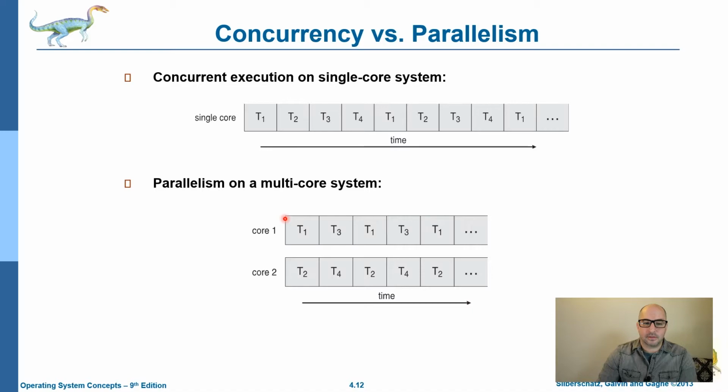Conversely, in a parallel system, thread 1 and thread 2 can execute on distinct cores and progress simultaneously. So they are executing in parallel, though not concurrently. Similarly, task 3 and task 4 are executing parallelly. So a parallel system is by definition a concurrent system, though the execution time spent on the processor happens simultaneously.